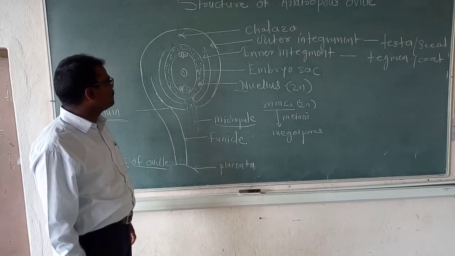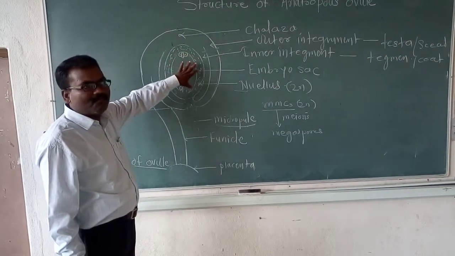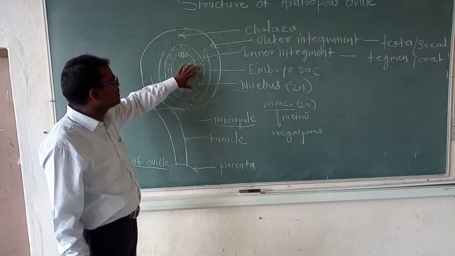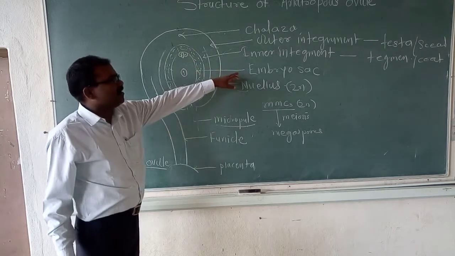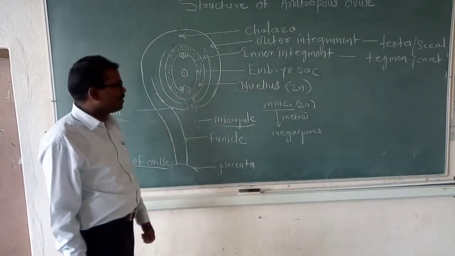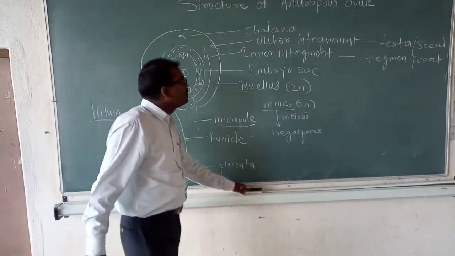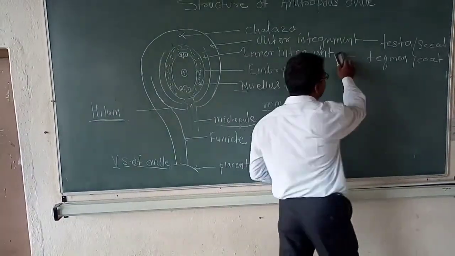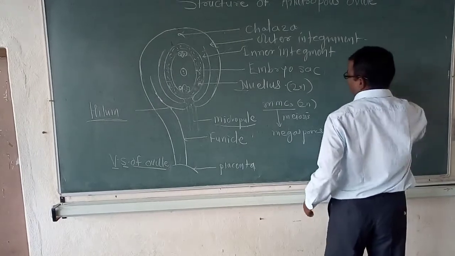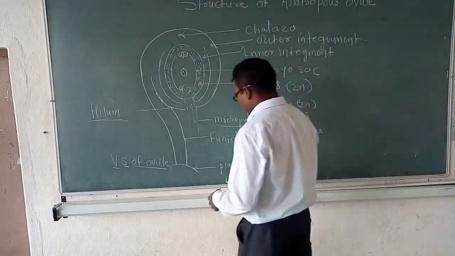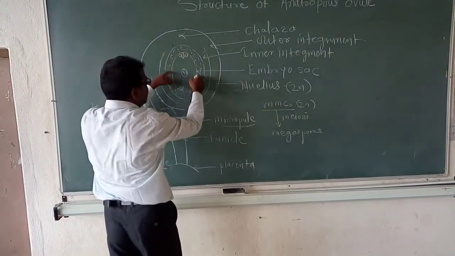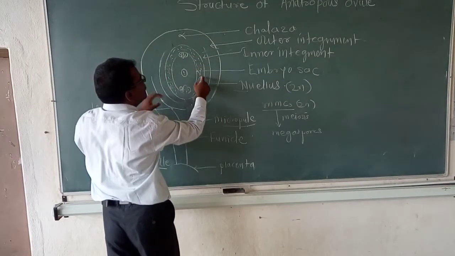The next most important part inside the ovule is the embryo sac, which is located inside the nucellus.